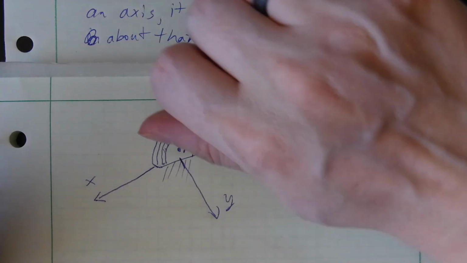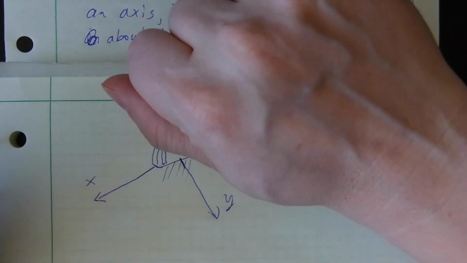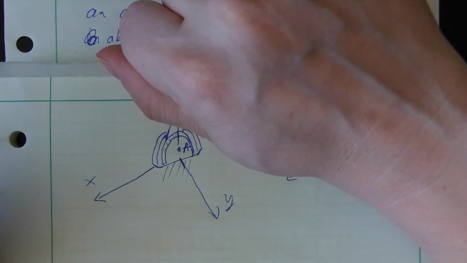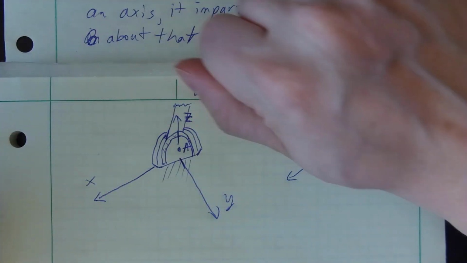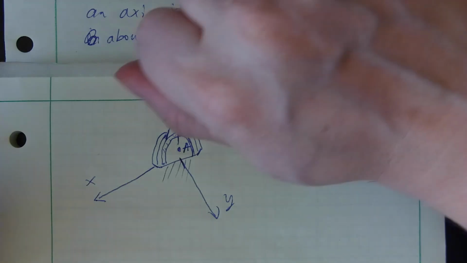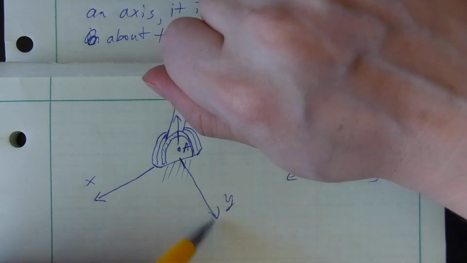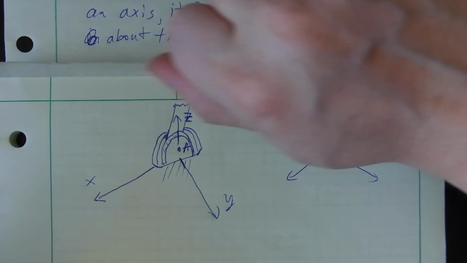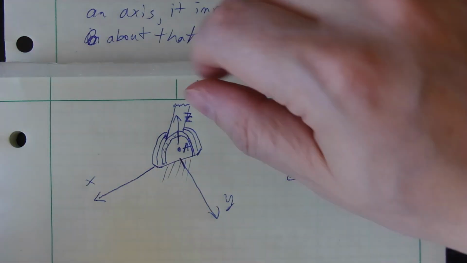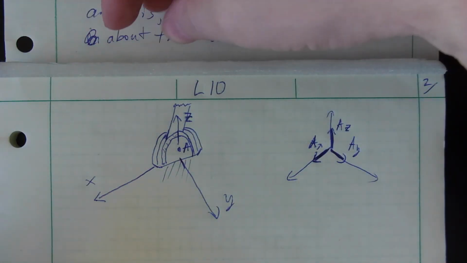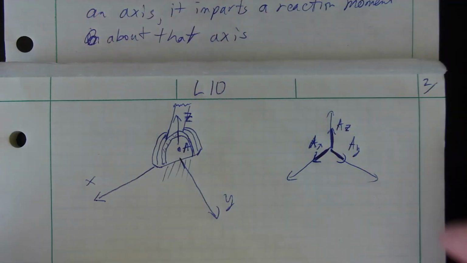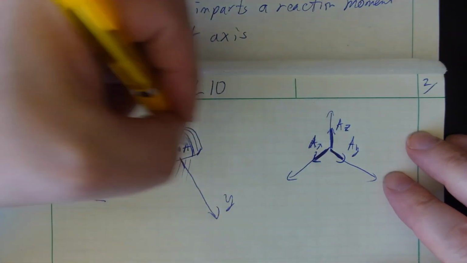But what is a little harder to see is, think about how this can rotate. What direction can this rotate? Well, I can rotate it back and forth about this y-axis, the direction of the pin. But if I try to spin it about the z-axis, there's no spinning about the z-axis.